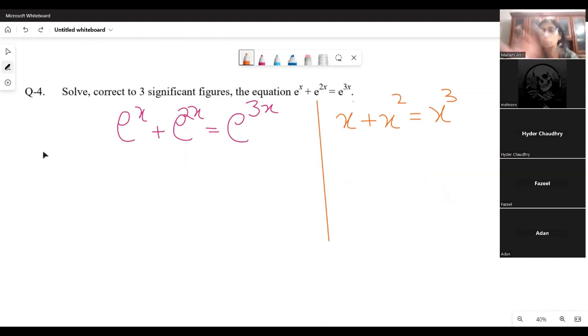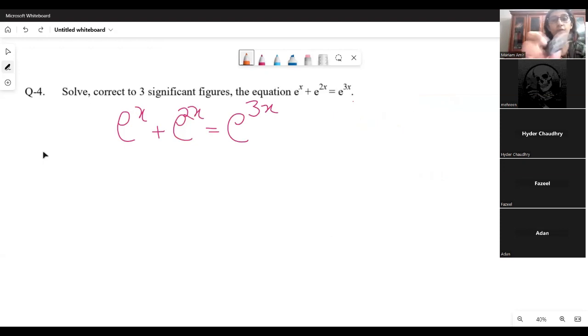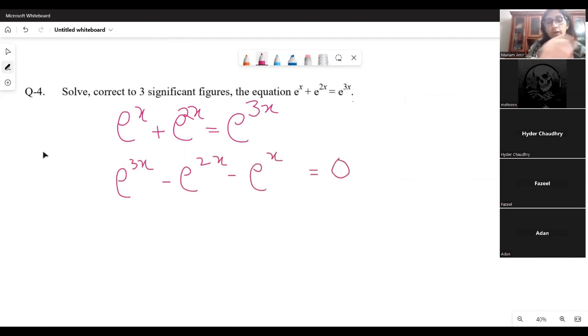So instead what you'll do, you'll bring all the values to the same side, then you take x common. Then x = 0 comes, so you retain the third solution as well. So that's what we'll do here as well. We have e^3x - e^2x - e^x = 0. We did not take e^x common on the left-hand side; we brought everything to one side.